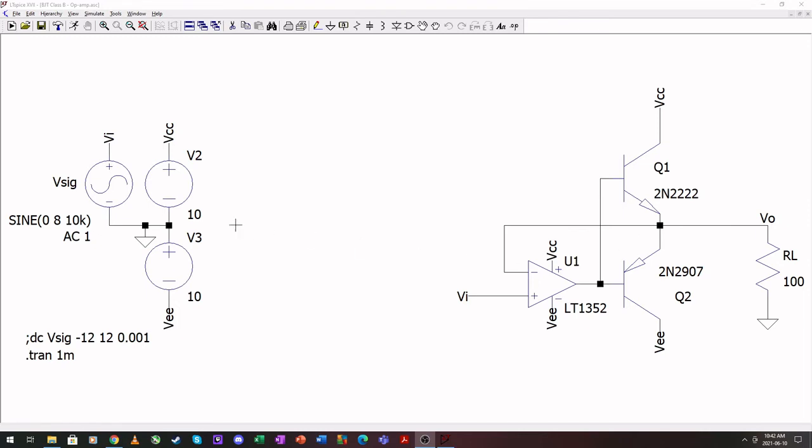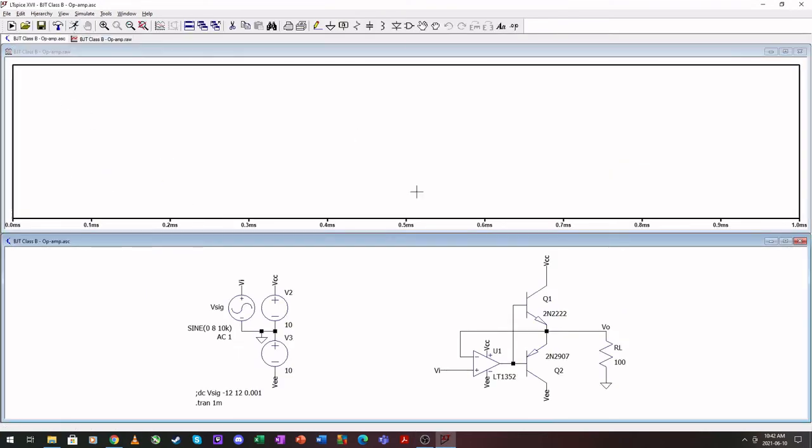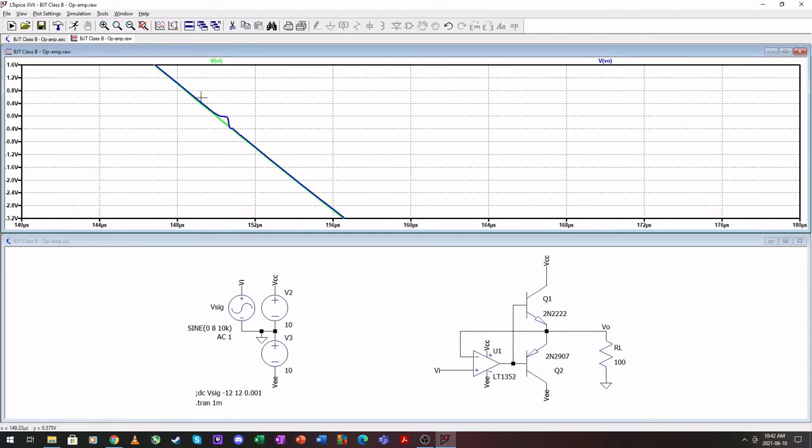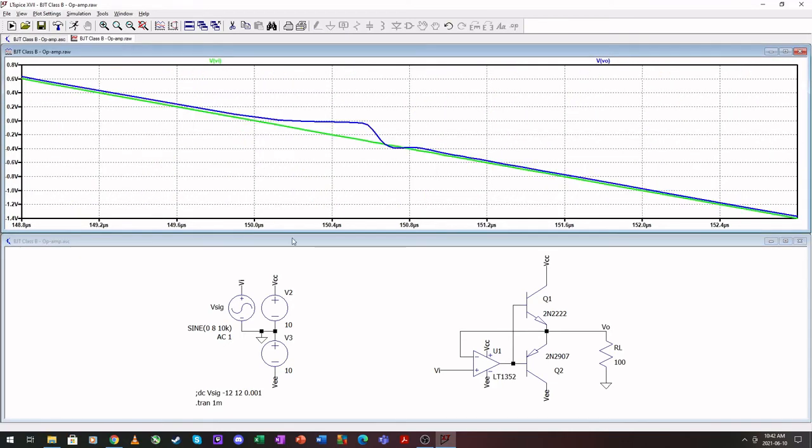Here is our op amp configuration. Here is our input plus minus 8. Here is our output plus minus 8. You almost can't see this distortion, but it is still there.